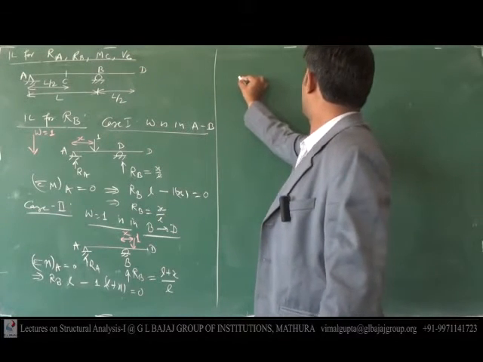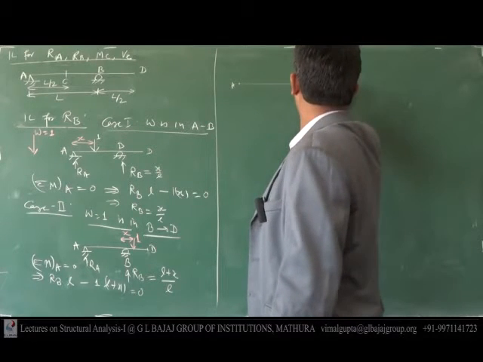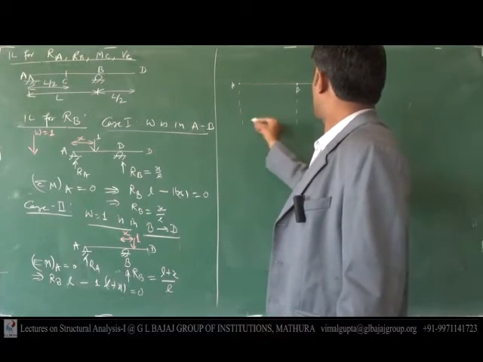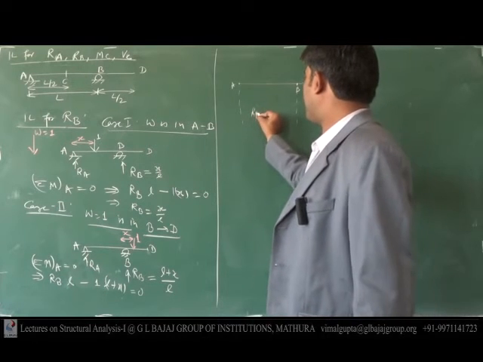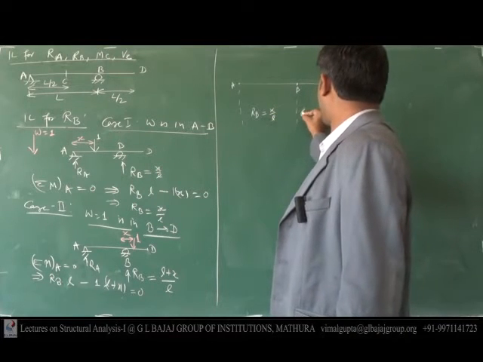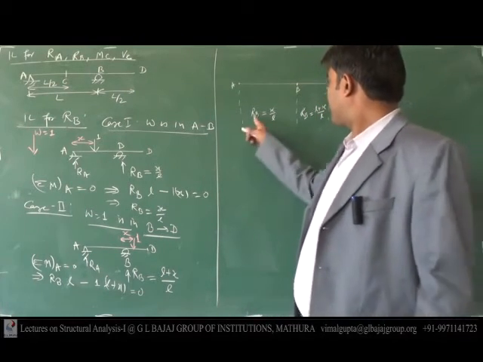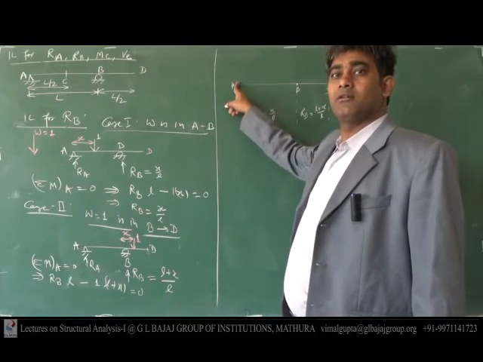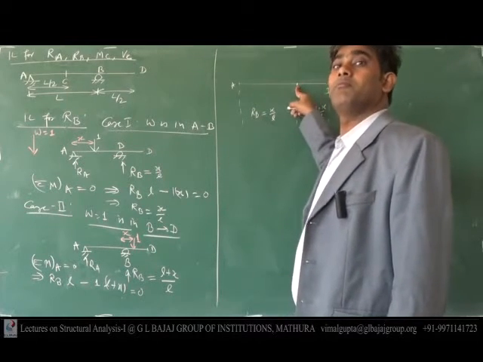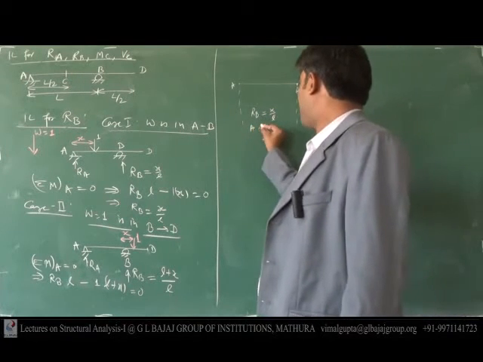If this point is A, this point is B, this point is D, for this part we have RB value equals to x by L, and for this part RB equals to L plus x by L. For this segment, x origin is A. For this, x origin is B. Clear to everybody?